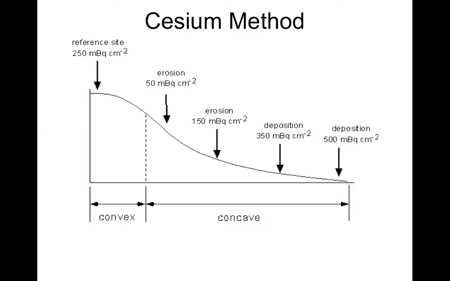And you can measure average concentrations over a certain depth, for example, and that's what this does. A reference site, and you can see changes in the millibecquerels of radiation that's measured in the soil as a function of location, right?